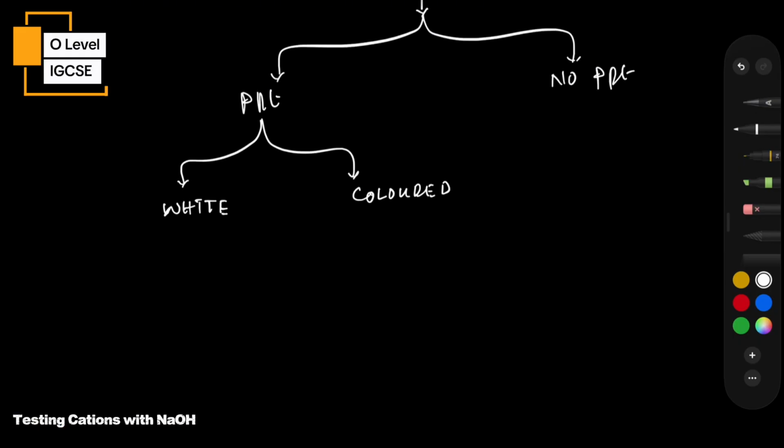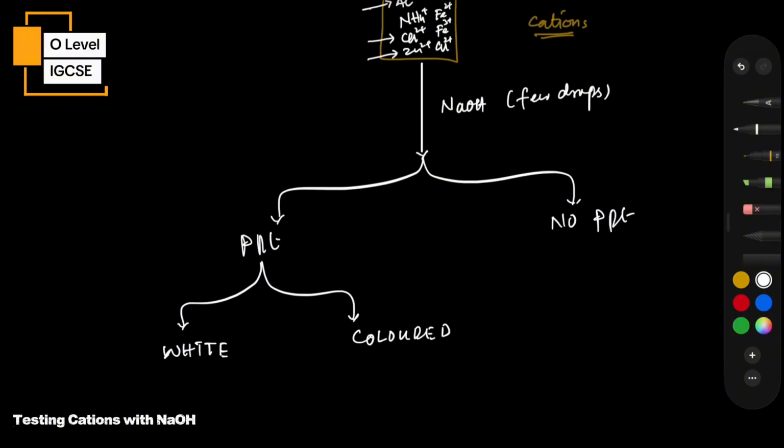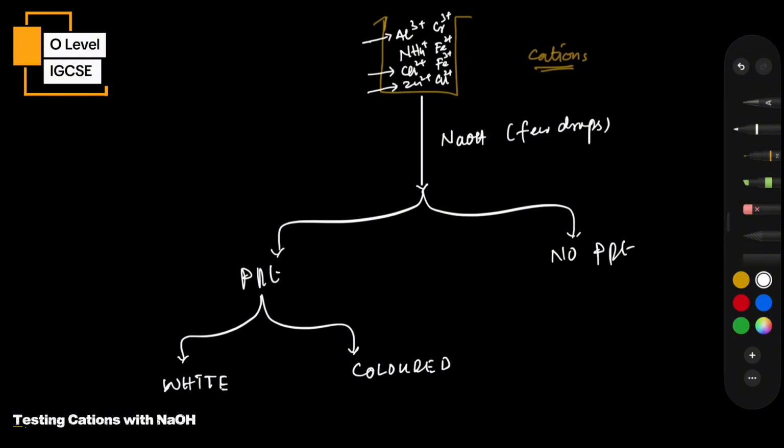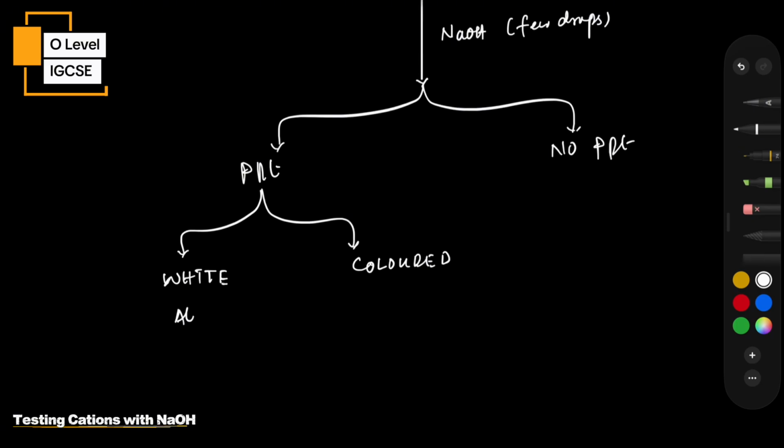In case of a white precipitate, it may be aluminium 3 positive ion, calcium 2 positive ion, or zinc 2 positive ion. On addition of a few drops of NaOH, there may be the formation of Al(OH)3, that is the formula of that precipitate, or Zn(OH)2, the precipitate of zinc.